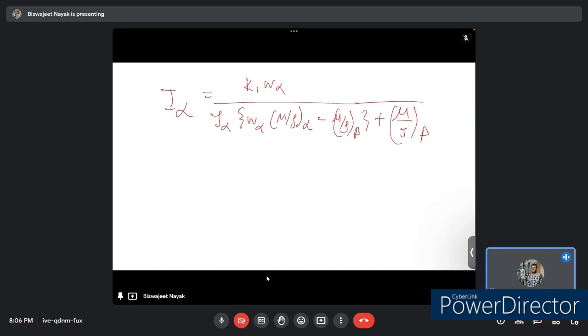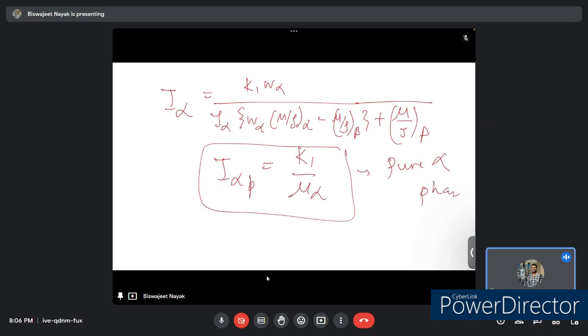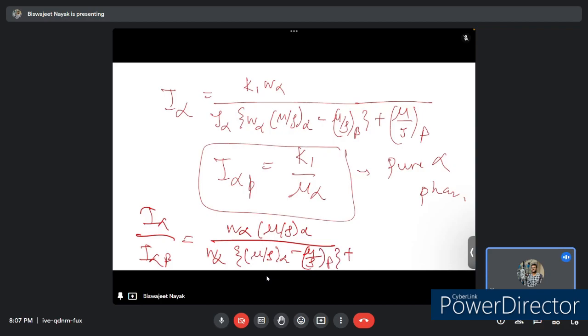So for a pure alpha phase, we will get I alpha pure as K1 by mu alpha, and if we divide this with I alpha pure, then we can get rid of the unknown K1, and get the equation: I alpha by I alpha pure equals W alpha (mu by rho of alpha) divided by [W alpha (mu by rho of alpha minus mu by rho of beta) plus mu by rho of beta].